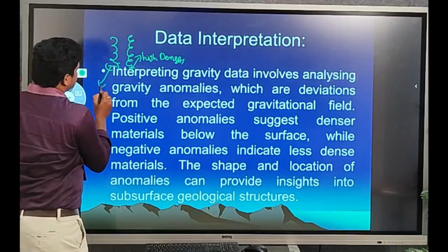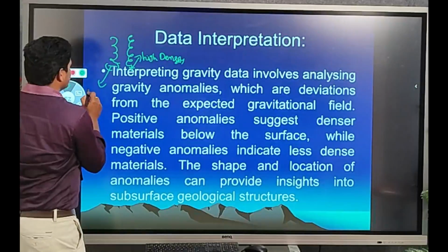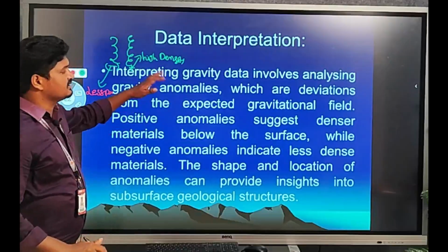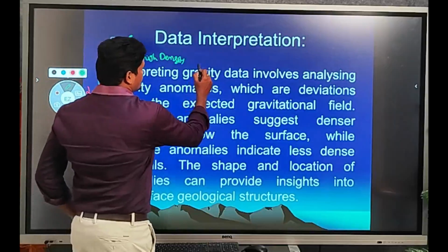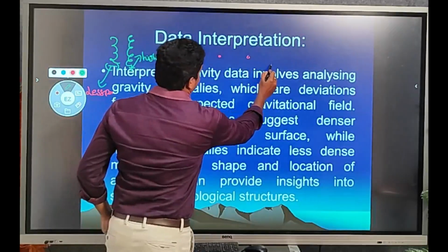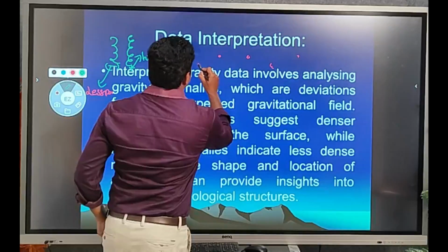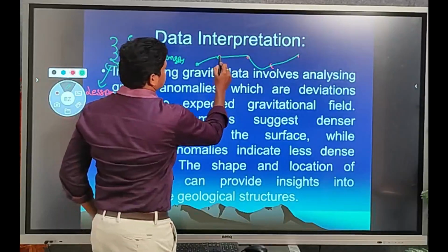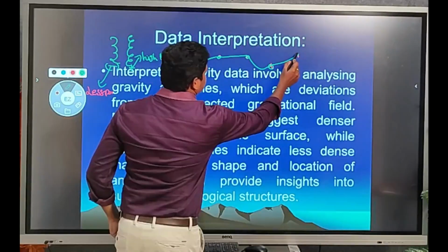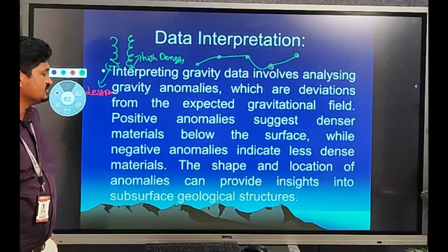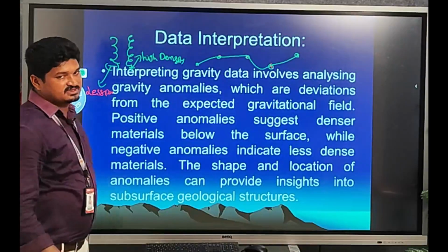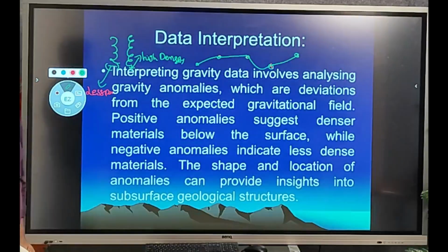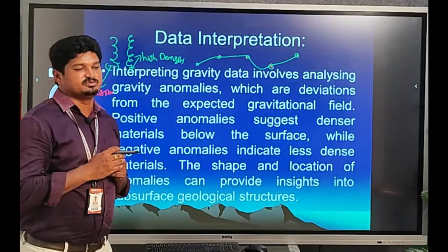If the spring is negative, that area is related to less density. So for the density contrast variation, we have to plot a diagram and interpret it, with equal density values in those areas, and we get information using the gravity meter. Based on the results we plot a density variation diagram, and based on the diagram we predict that in those areas we are getting such types of density minerals.